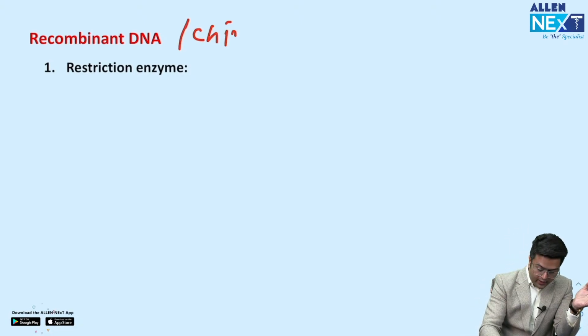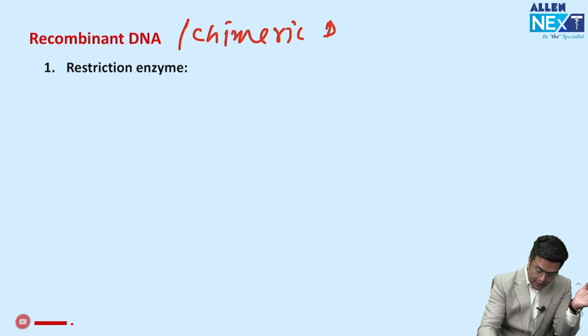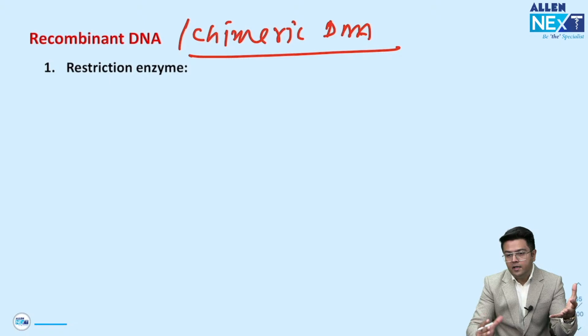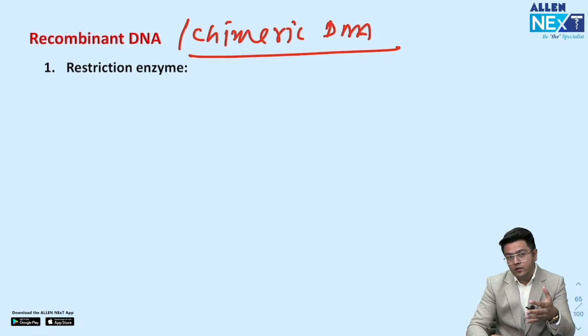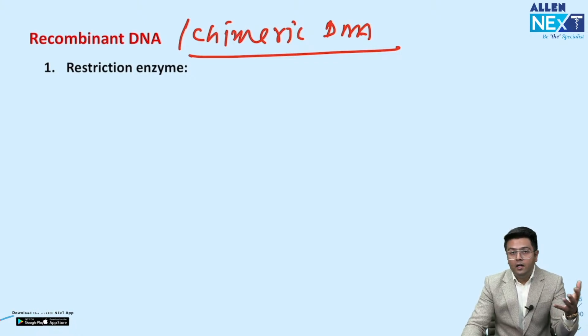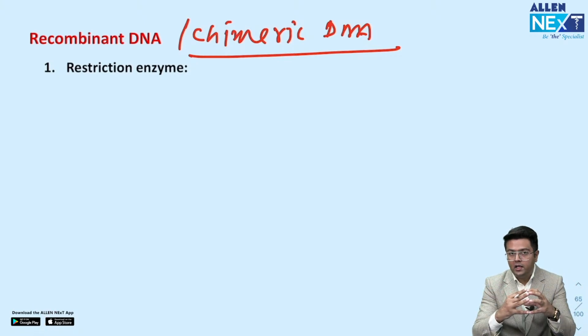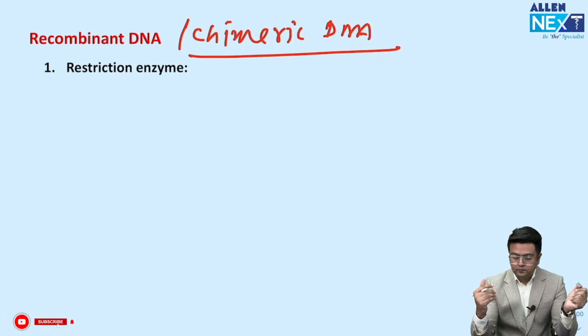That is also called chimeric DNA, right? Chimera means the fusion of two animals, like the body of a horse with the face of a lion. So chimeric DNA is also called recombinant DNA. That means the fusion of, let's say, bacterial and human DNA or plasmid and human DNA.